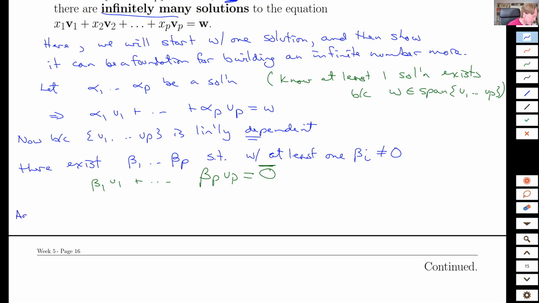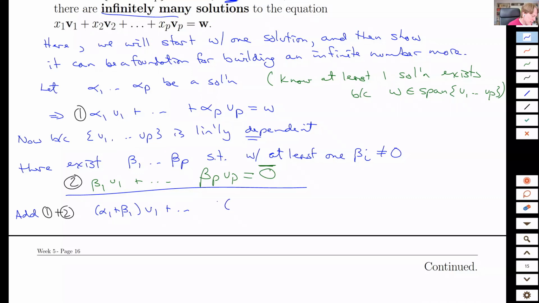So let's give the equations numbers, same kind of thing we did last time. Add 1 plus 2 this time. We get alpha 1 plus beta 1, times v1, plus all the way up to alpha p plus beta p, times vp, equals, well, the right-hand side is just our w vector plus the 0 vector, which is just w again.